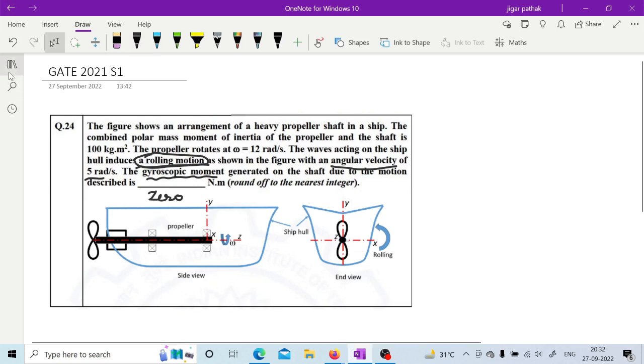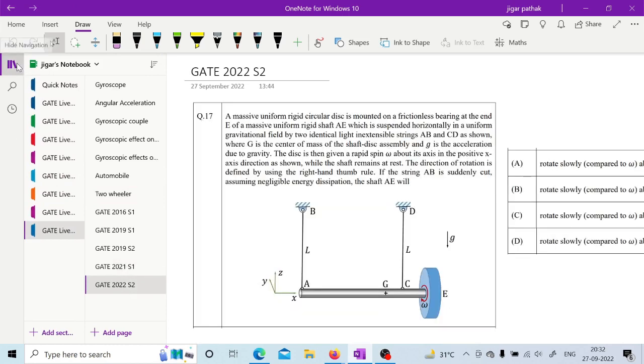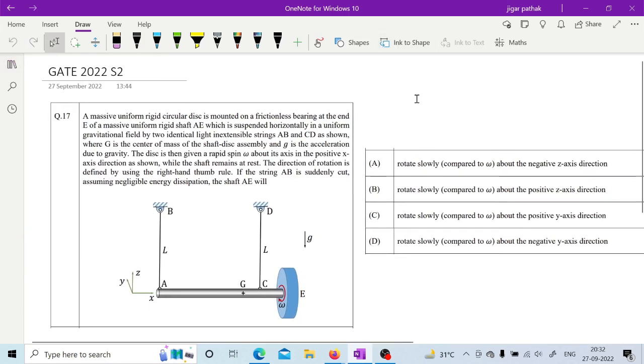Okay, the next one is this one. See, in this one, a massive uniform rigid circular disc is mounted on a frictionless bearing at the end E of a massive uniform rigid shaft AE, which is suspended horizontally in a uniform gravitational field by two identical light inextensible strings AB and CD as shown.